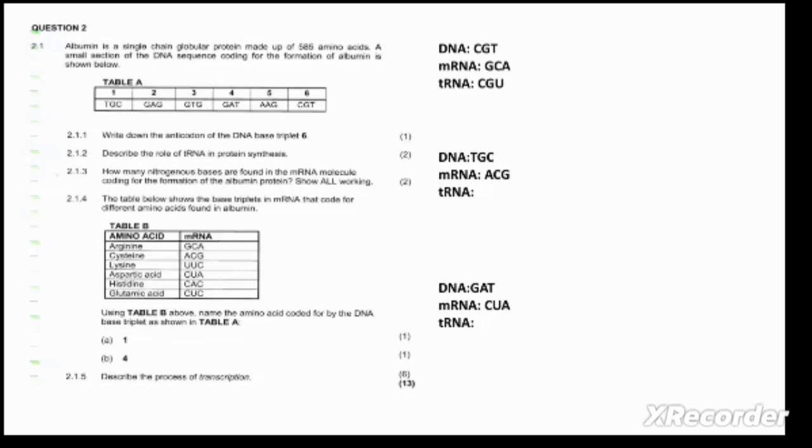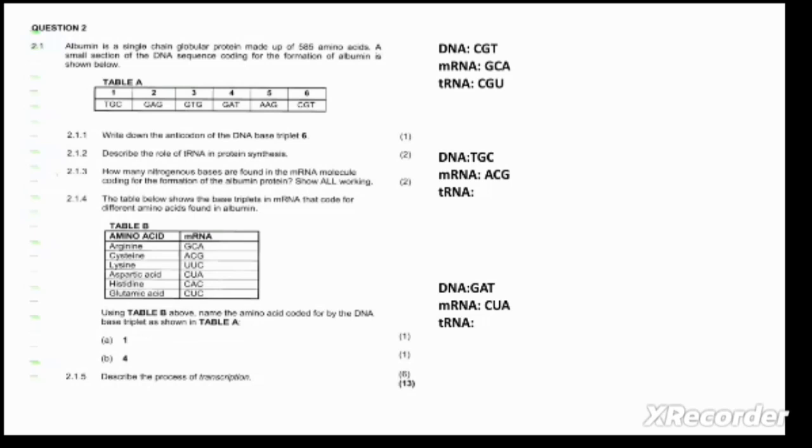So let's look at the next question. It says, how many nitrogenous bases are found in the mRNA molecule coding for the albumin protein? Show all your working. One amino acid is coded for by how many nitrogenous bases? 3.